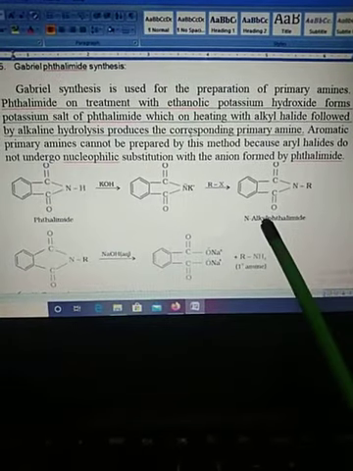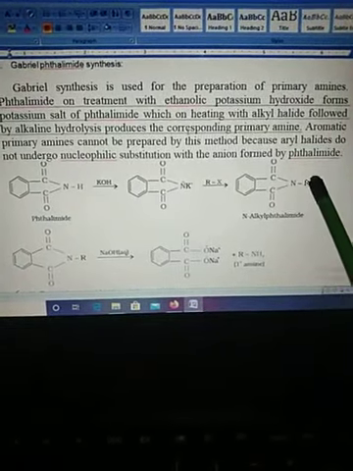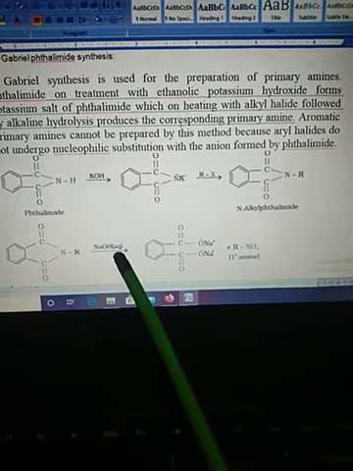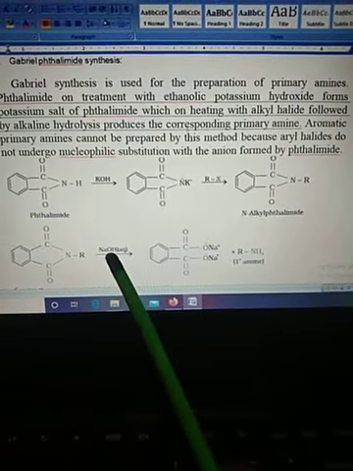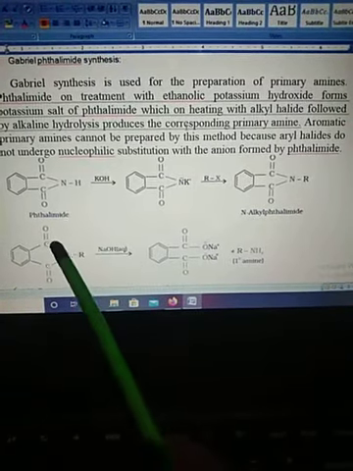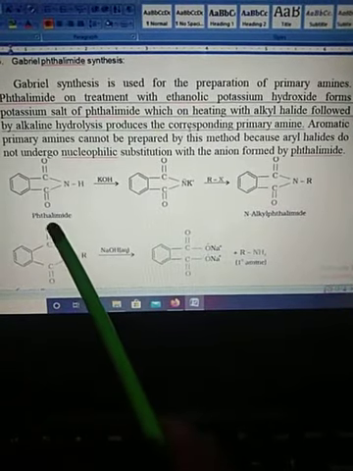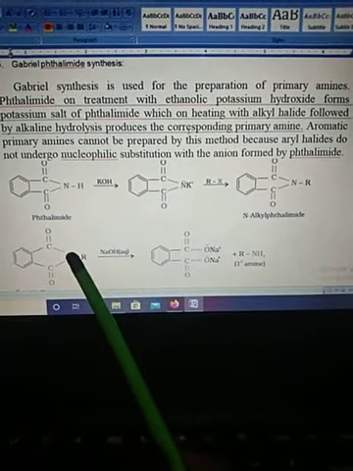Now this compound will be called N-alkyl phthalimide. When this compound is treated with sodium hydroxide, what will happen? NaO will go along with this carbonyl group, C double bond O, ONa, and one hydrogen will attach over here.